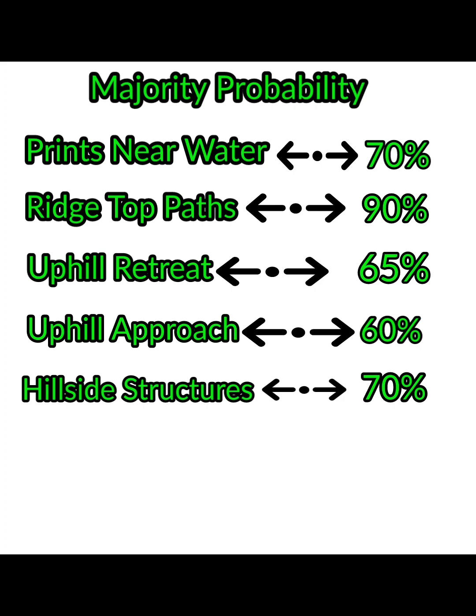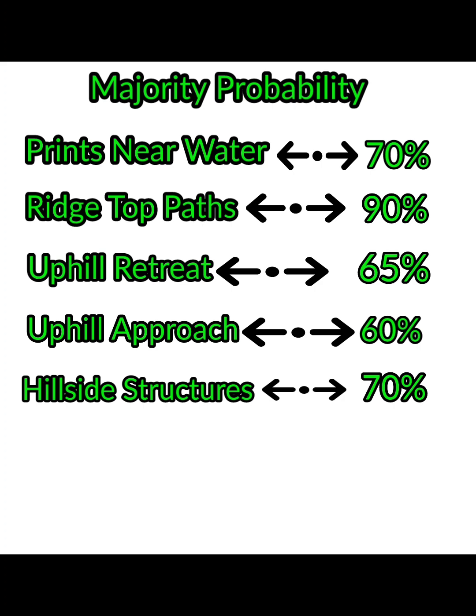90% of all ridge tops have a well-worn wildlife trail or path right down the spine of them. Now, generally, ridge tops are much, much drier, and they don't show prints or as much evidence, but they show the paths of use.